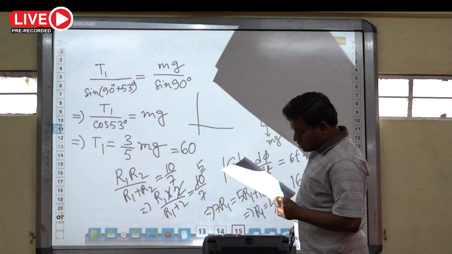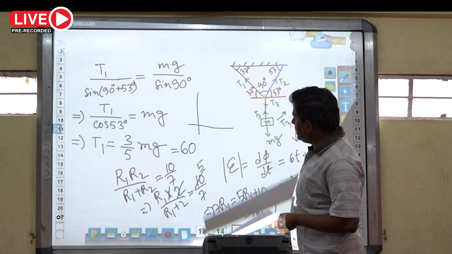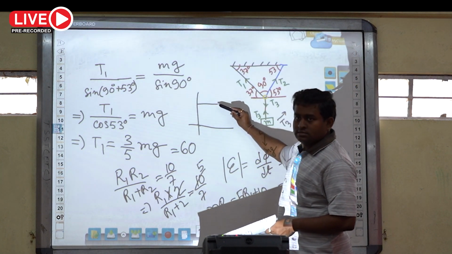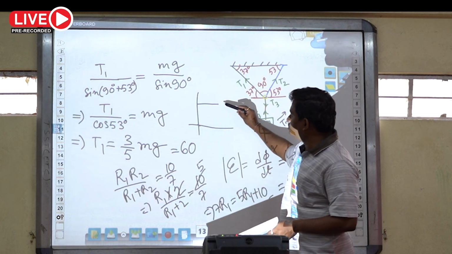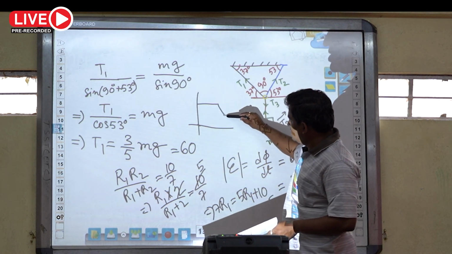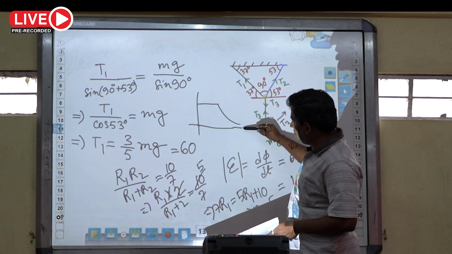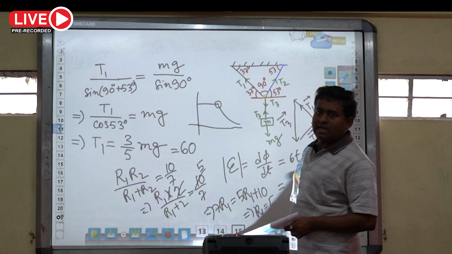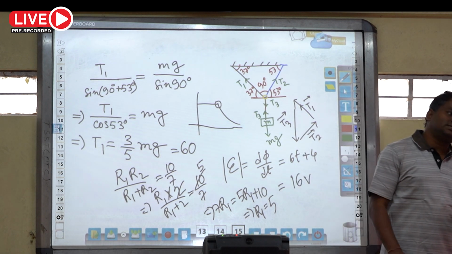Spherical shell, the plot between gravitational potential and distance. Inside the shell, potential is constant, and outside it is falling with 1 by r. So at this point, it has a negative value on the surface, so it is continuous.